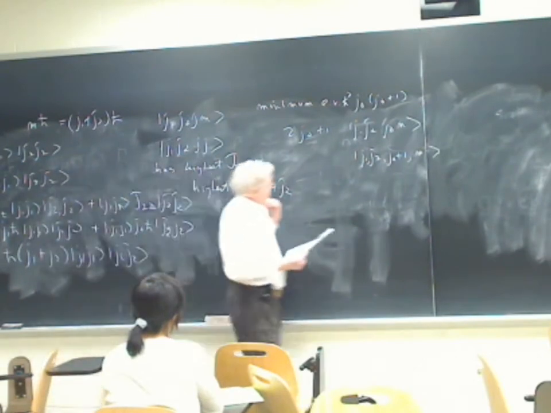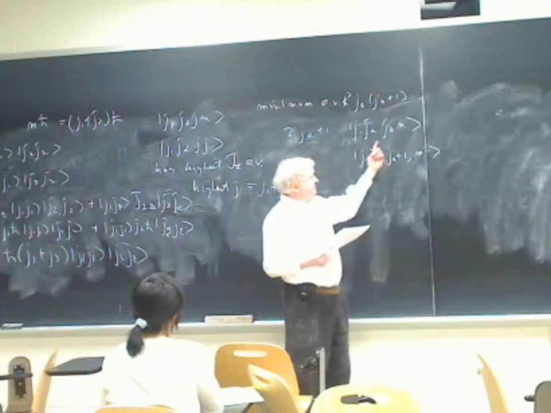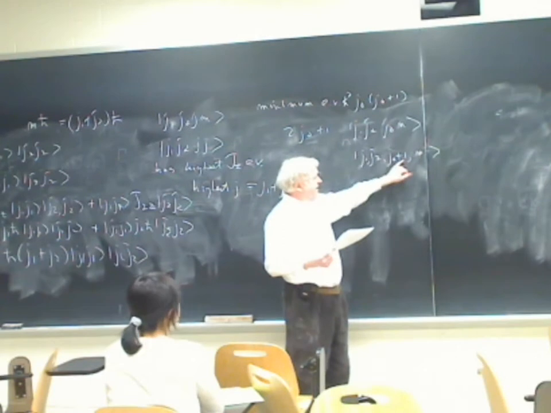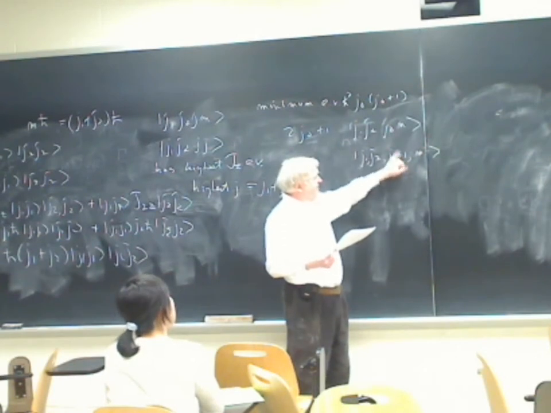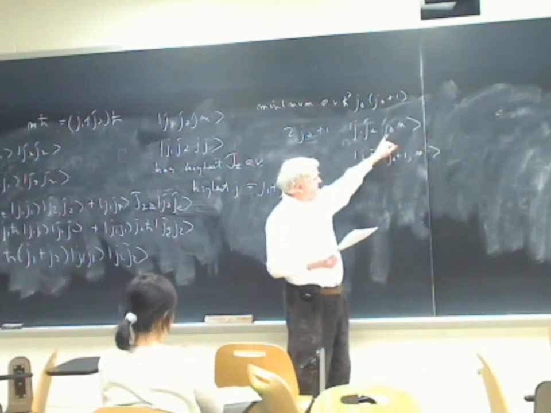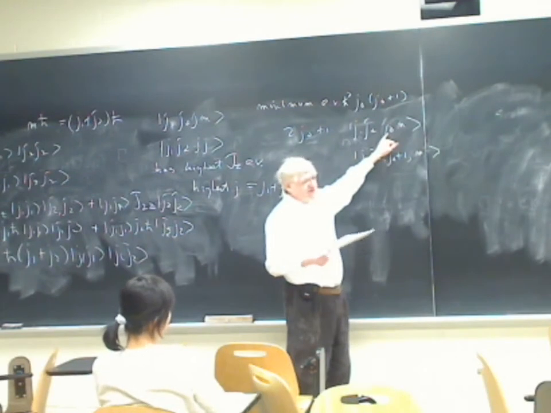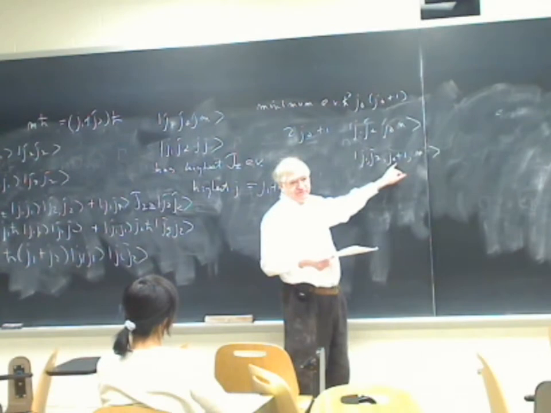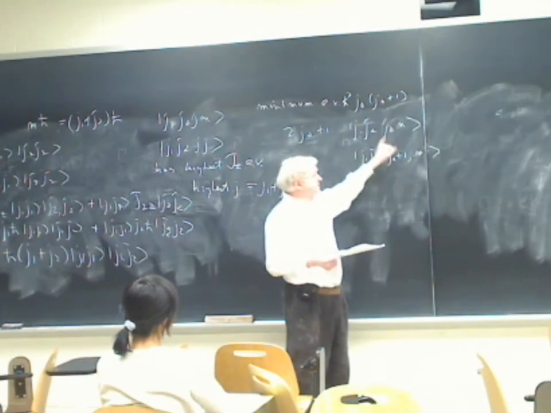Well, the point is, I'm doing this sort of as a hand wave here a little bit. In other words, suppose this J0, suppose it were 0. Well, how do we know that this one isn't 1/2? Why does it have to be 0 plus 1?